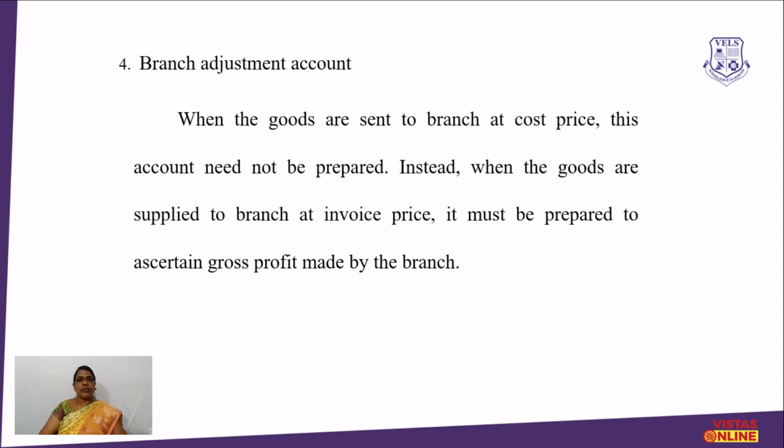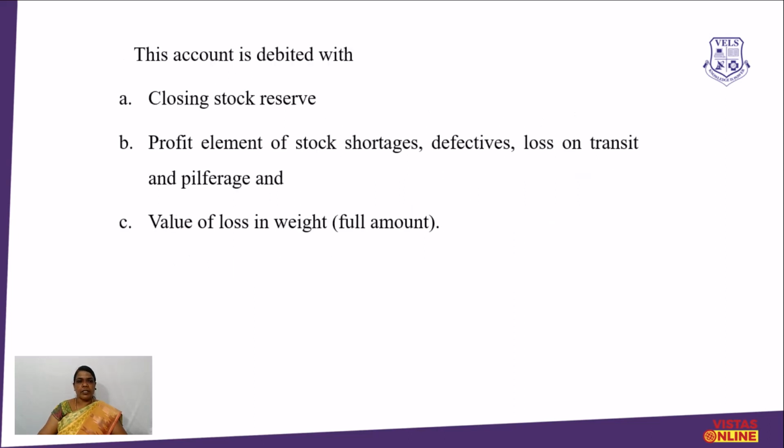Then we can see the branch adjustment account. When the goods are sent to branch at cost price, this account need not be prepared. Instead, when the goods are supplied to branch at invoice price, it must be prepared to ascertain the gross profit made by the branch.